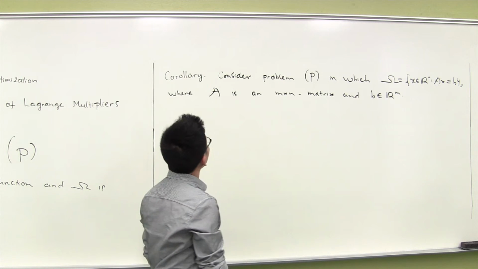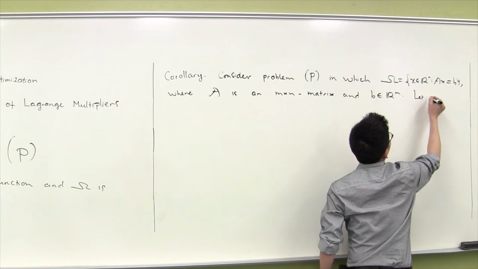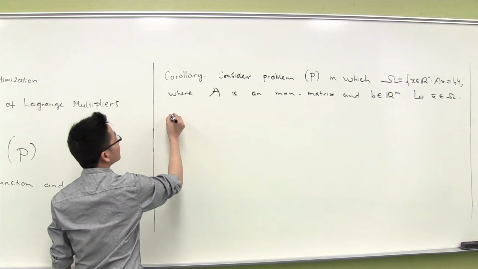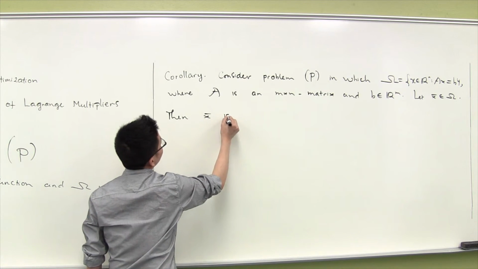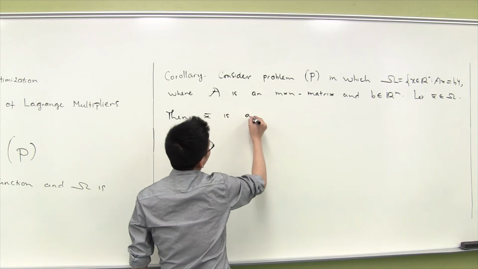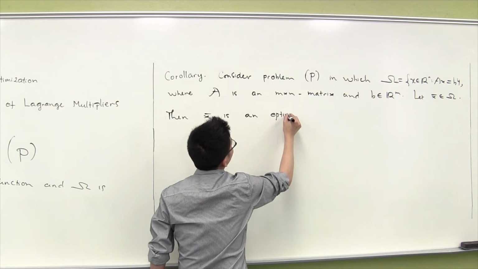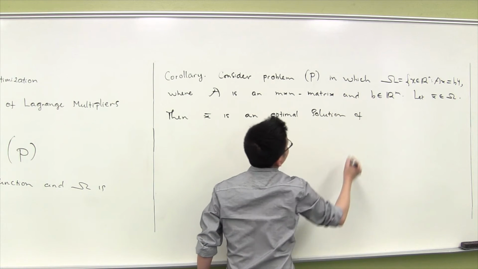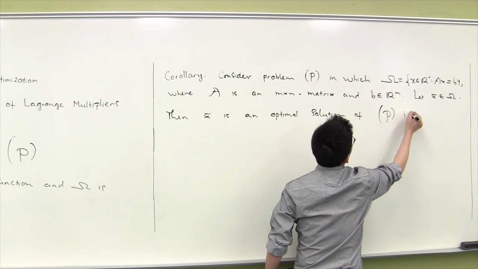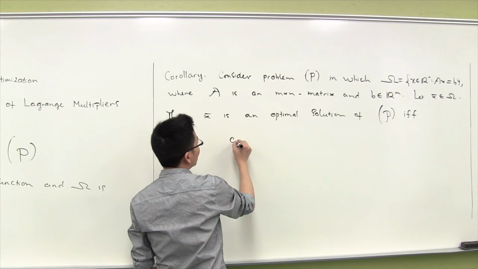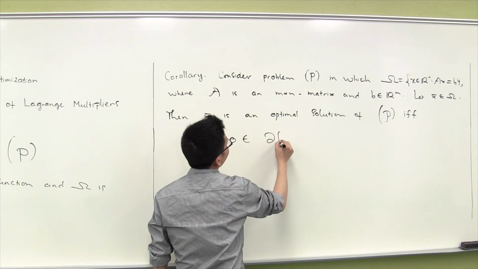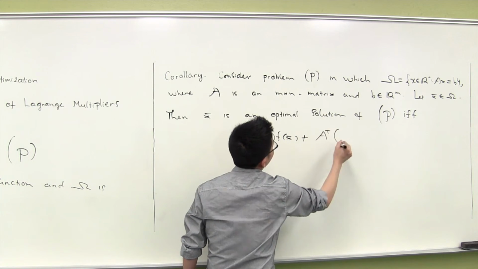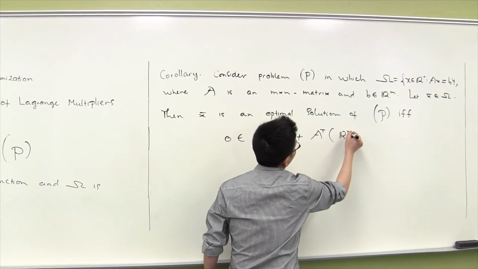Let x bar be an element of omega. Then x bar is an optimal solution of P if and only if 0 belongs to the subdifferential of f at x bar plus A transpose of Rm.